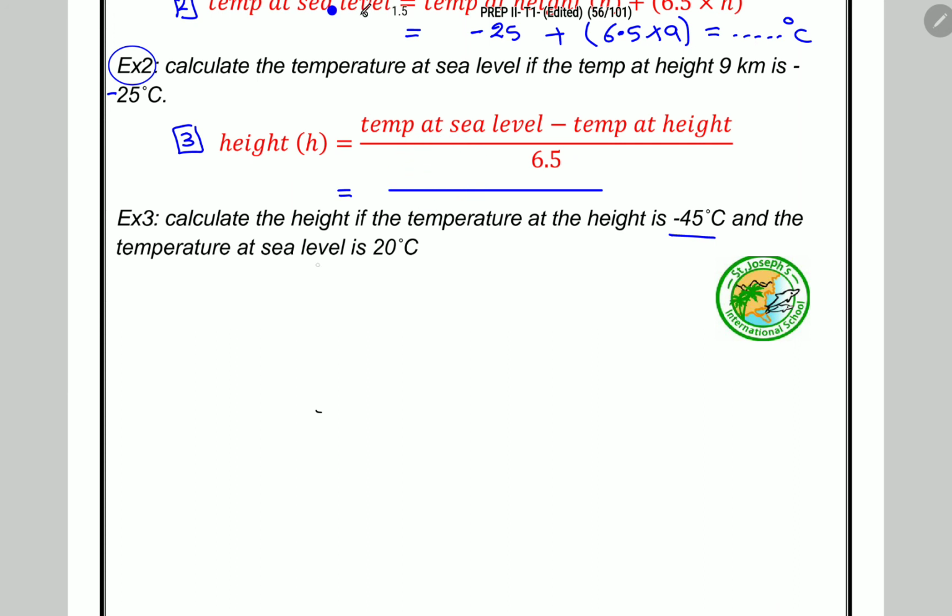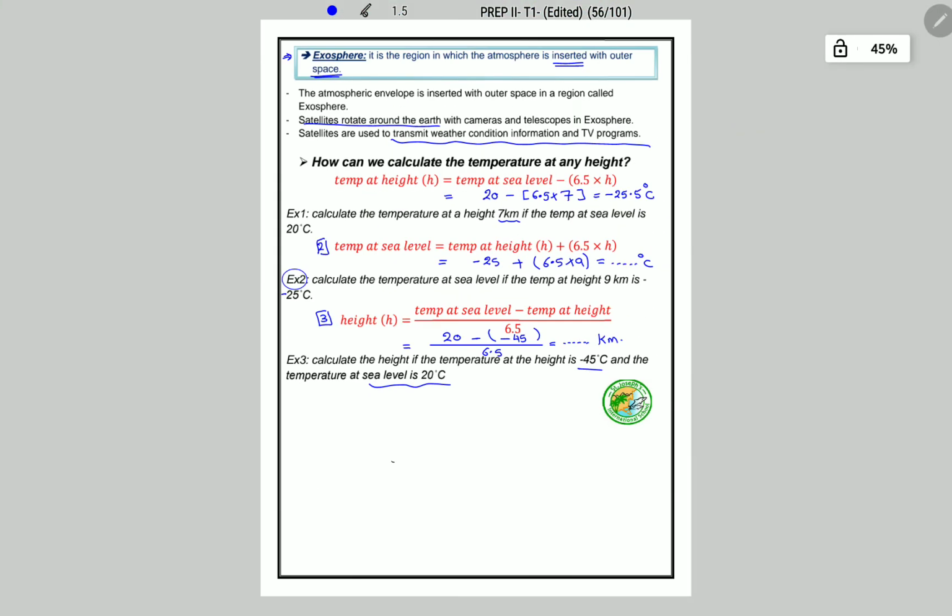Now the temperature at sea level is 20 minus the temperature at height, negative 45, over 6.5, and then you use your calculator to calculate the result in kilometers because you are calculating height. And this will be everything about lesson 2, and see you in another lesson.